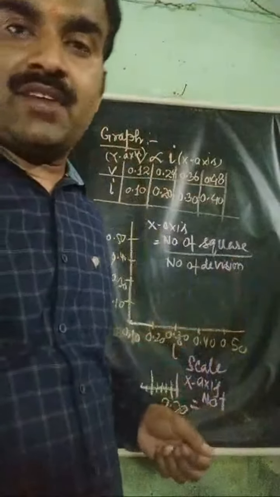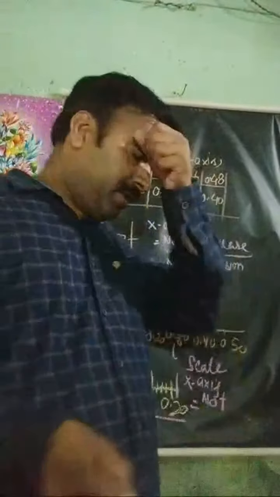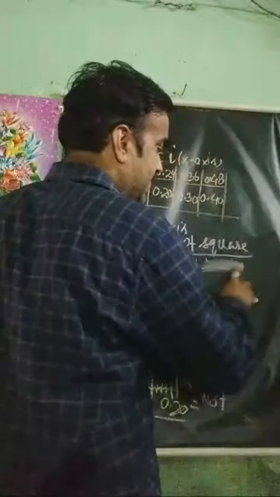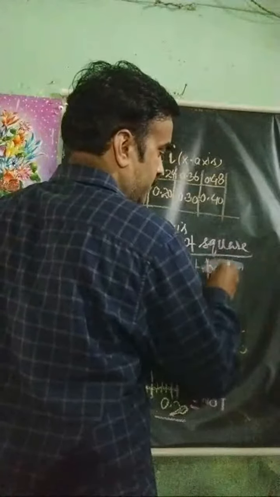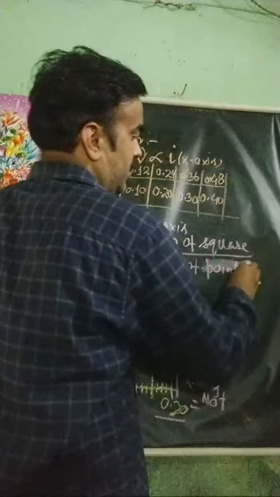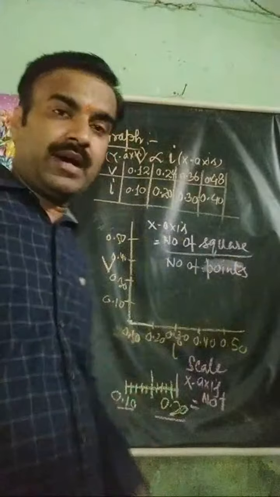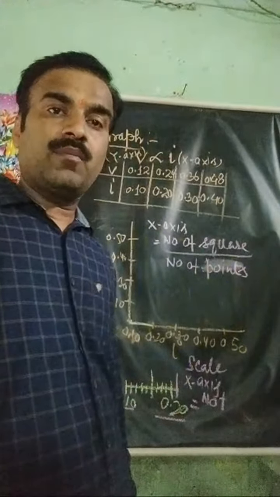By this formula we can find the number of divisions, or better, write the number of points: number of squares upon number of points.